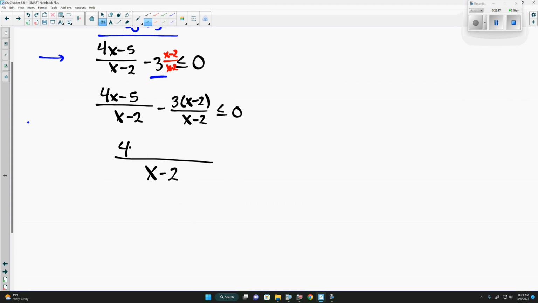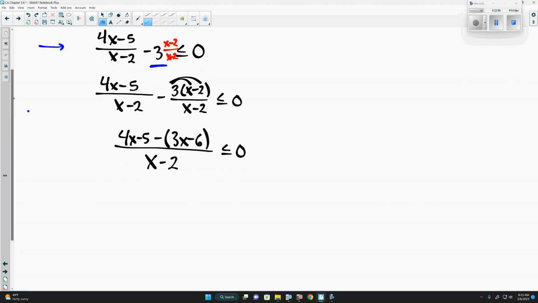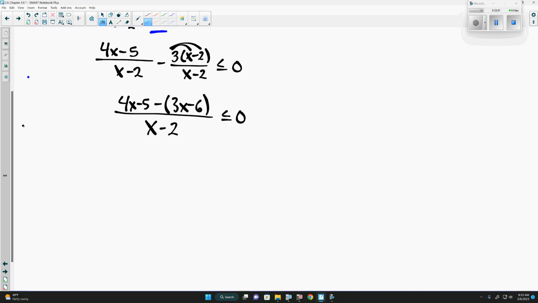If we do this, the first one will still stay 4x - 5, minus 3 times x is 3x, 3 times -2 is -6. And if we distribute that negative through, we would get -3x + 6.